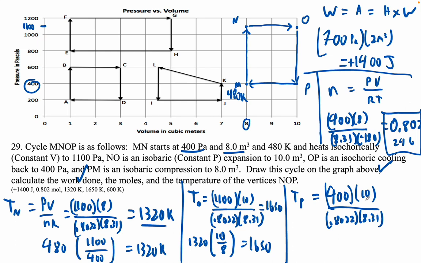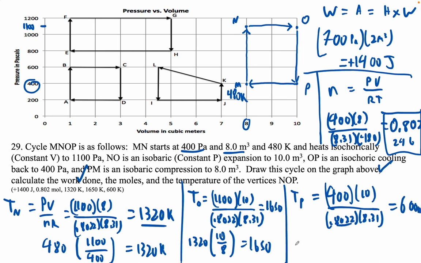So 400 times 10 divided by that, divided by 8.31. Hey, that's 600. That's a strangely even number. I'm using this number unrounded, right?